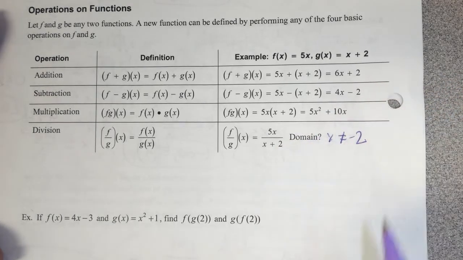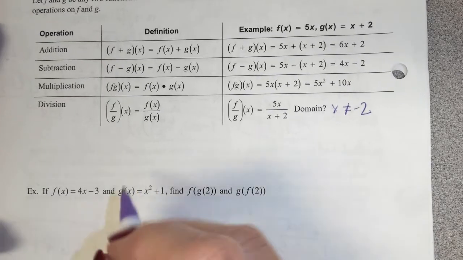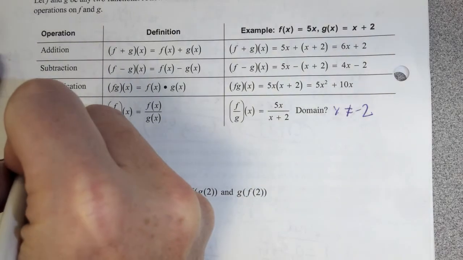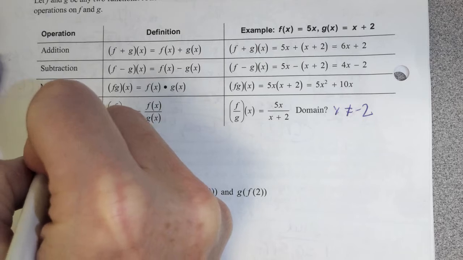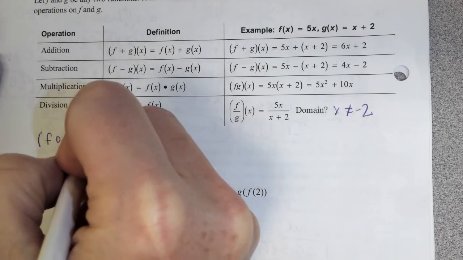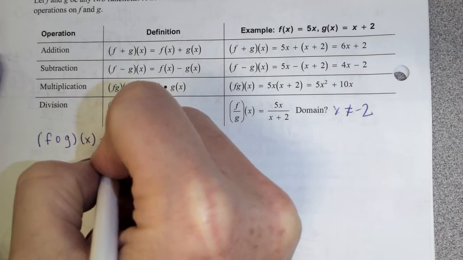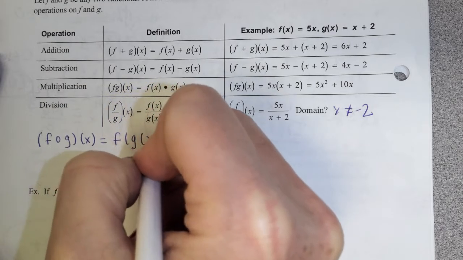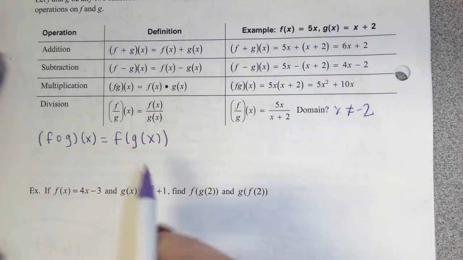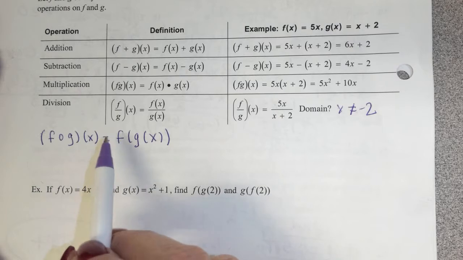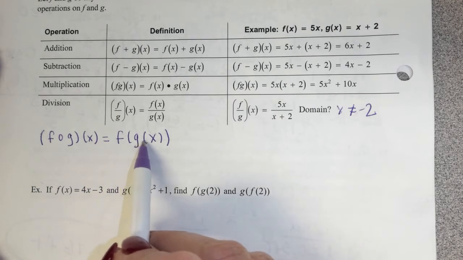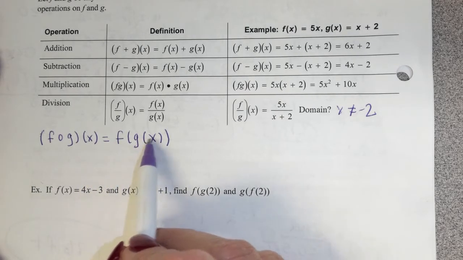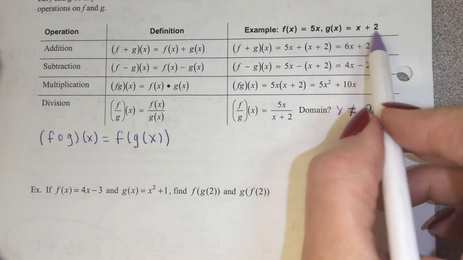All right, another thing I would like to show you is this notation. It's f open dot g of x. This means f of g of x. Now this is going to be new for you, so you want to watch closely. What I do on this is I work from the inside out. I look up here and I see what g of x is.